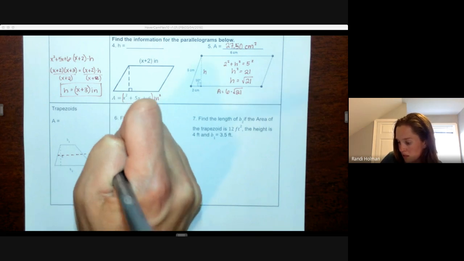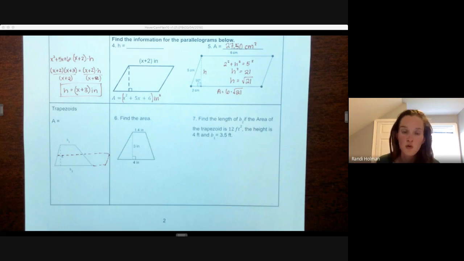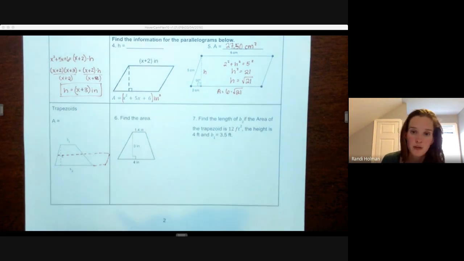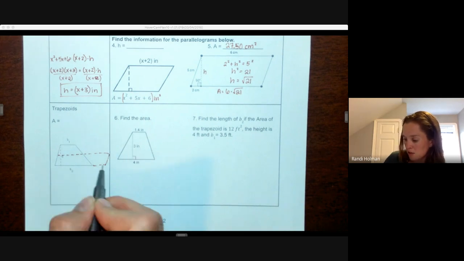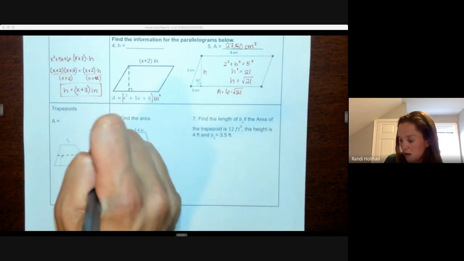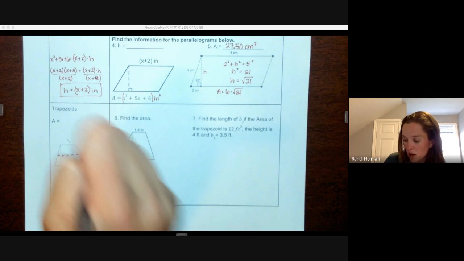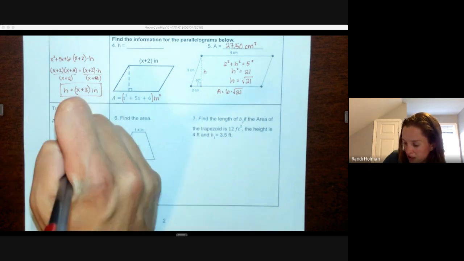So we end up with this long, skinny parallelogram. Could be a rectangle, doesn't have to be. Where this has been flipped over here, so this is base 1 right there, and our height has been chopped in 1/2. So this is 1/2 of the height.